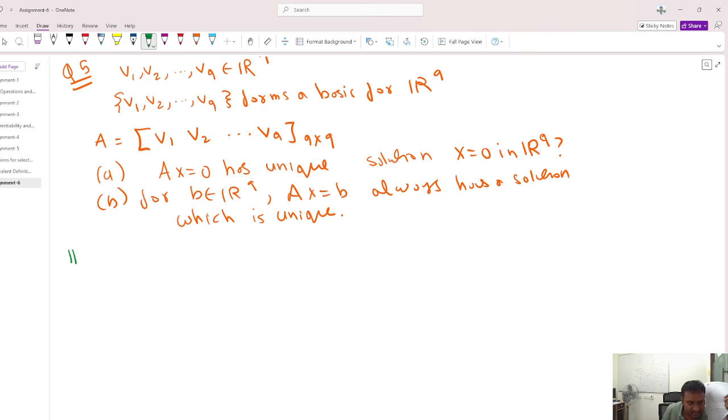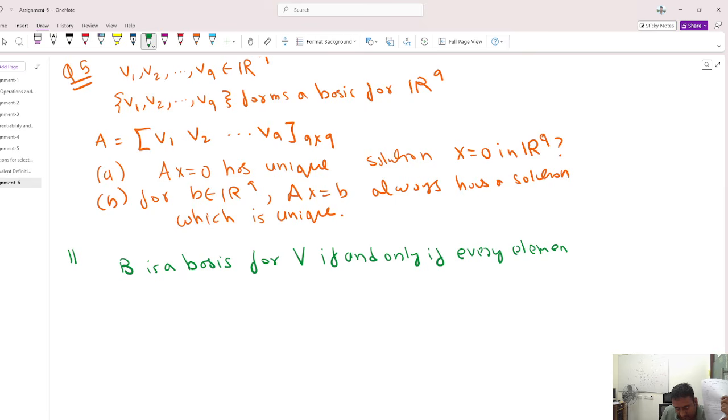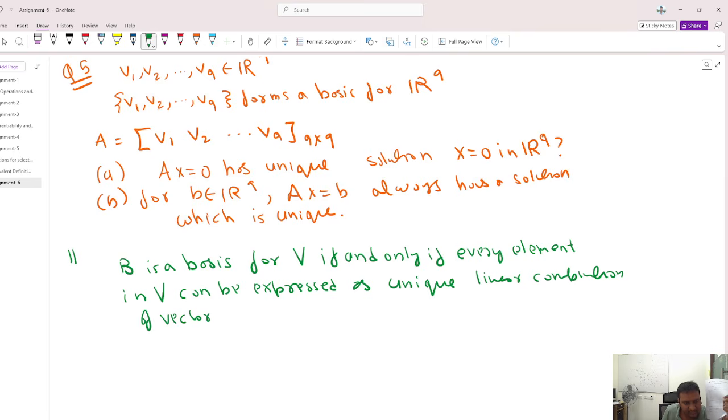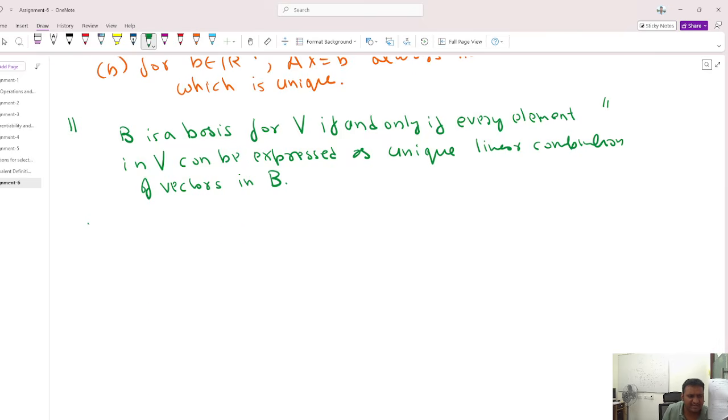If you remember, I have proved this result: B is a basis for V if and only if every element in V can be expressed as a unique linear combination of vectors in B.